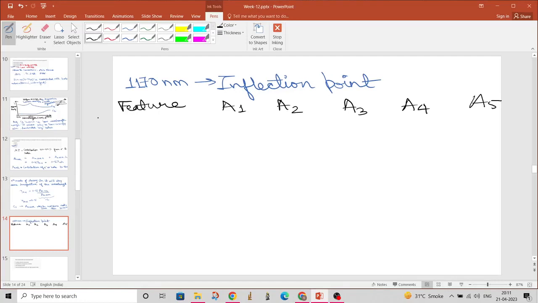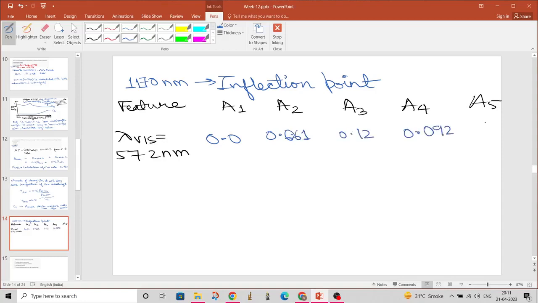The first is for 572 nanometers. This is the ground state reached in the visible region. So the components are 0, 0.061, 0.12, 0.092, and here 0.73.